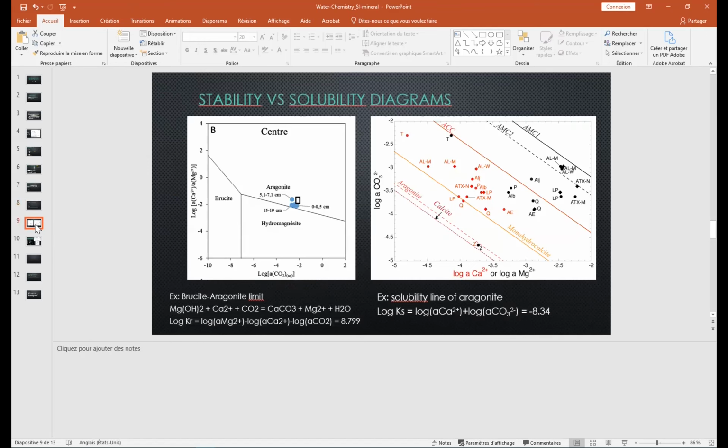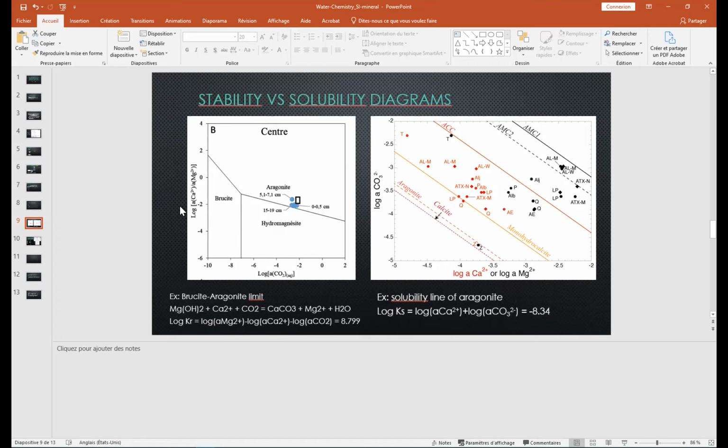So to finish, you have different ways to represent the solubility and the stability of the minerals you have in your solution. The first one is this type of diagram where you can find the stability domain of the carbonates, like aragonite, hydromagnesite, and brucite, depending on the carbonate and calcium and magnesium concentration.